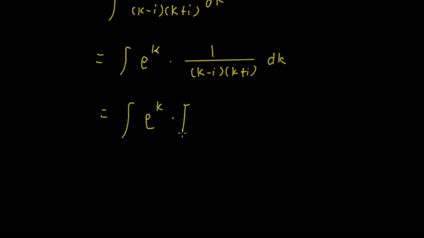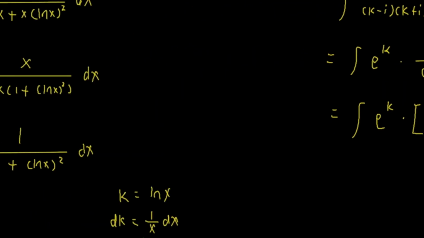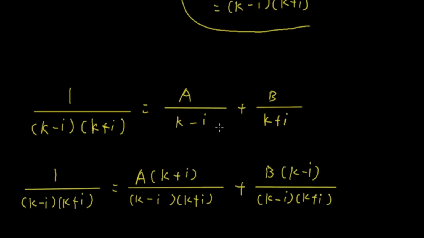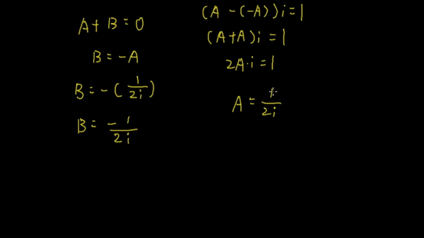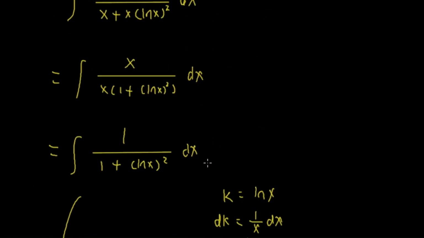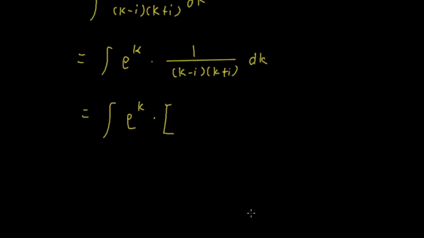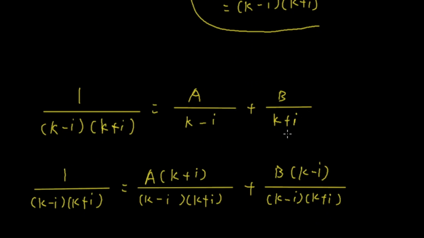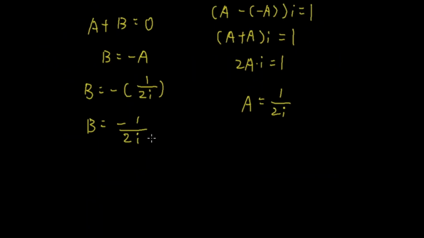Integral of e to the k times, now, the first fraction is a over k minus i. Okay, so a is 1 over 2i, divided by k minus i, plus the second fraction, b over k plus i, and b is equal to negative 1 over 2i.